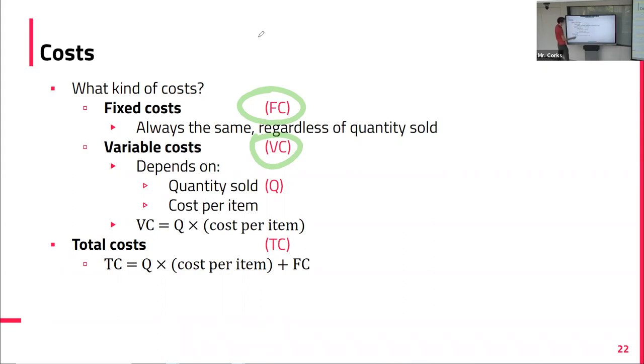Variable costs will be your quantity sold, Q, times the cost of producing one item. For the simple situations we'll look at to start, we'll assume that the cost per item is just a fixed value, and then we'll look at what happens when it changes later when we get to our calculus stuff. So total cost, quantity sold times cost per item, variable costs plus fixed costs.